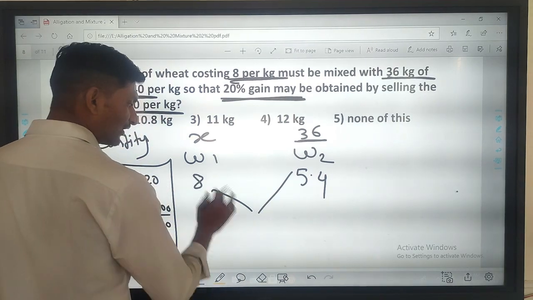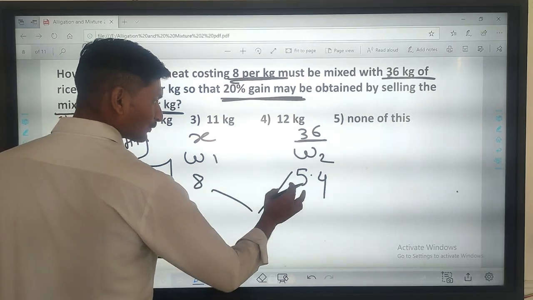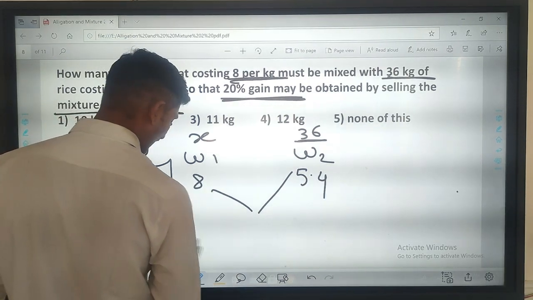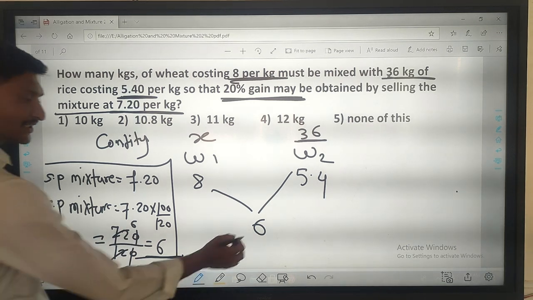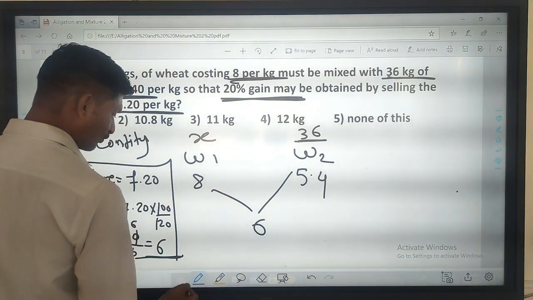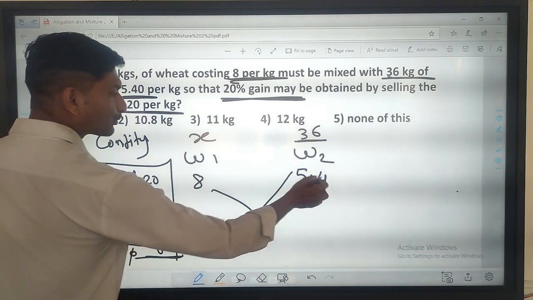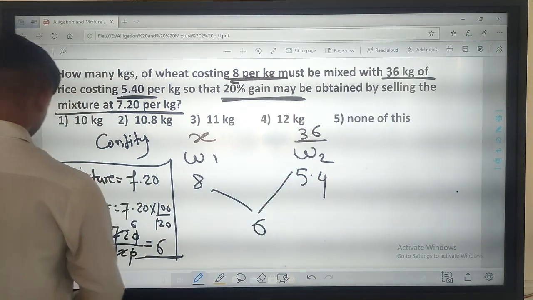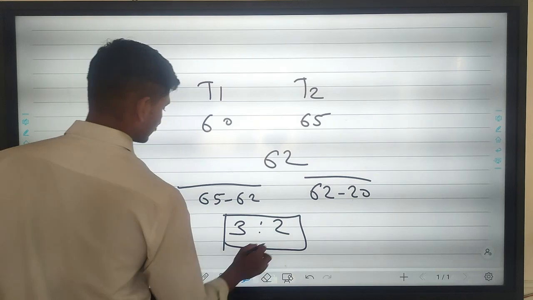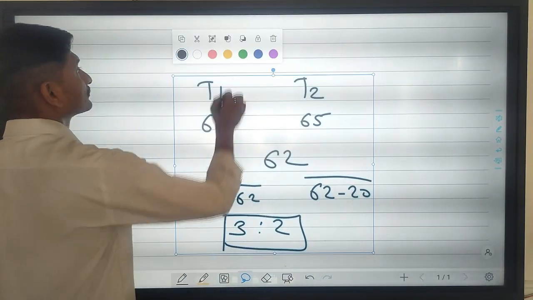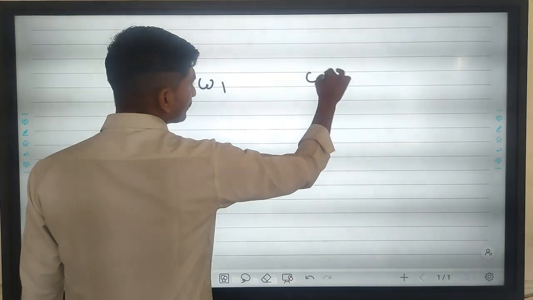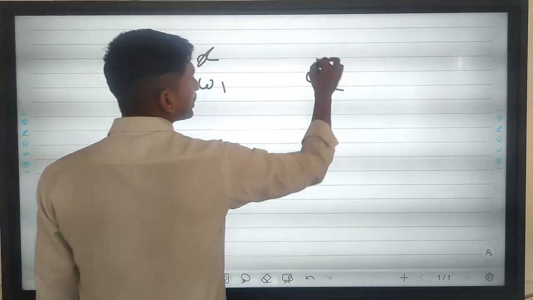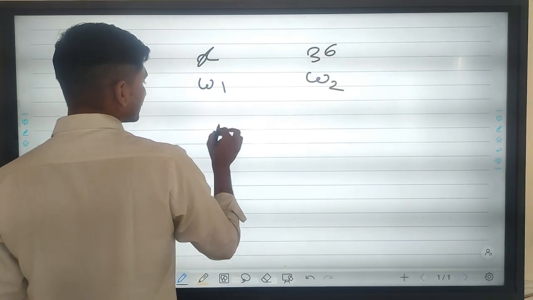Then type 1 wheat at 8 rupees per kg and 5.4 per kg are mixed, and then the mixture will be sold at 6 rupees per kg. This is the cost price. Now here W1, W2, find W1, here 36 kg.